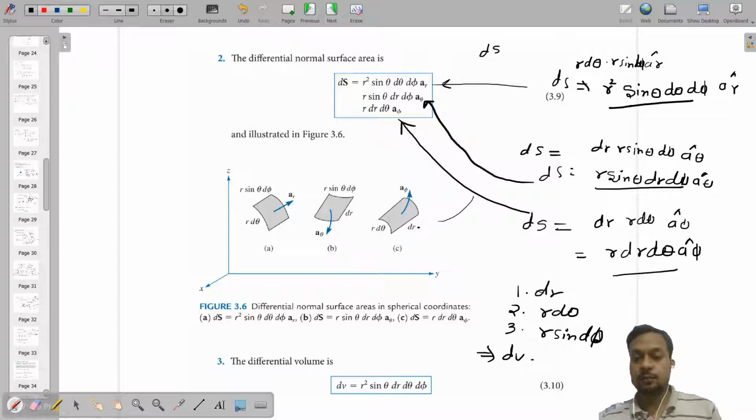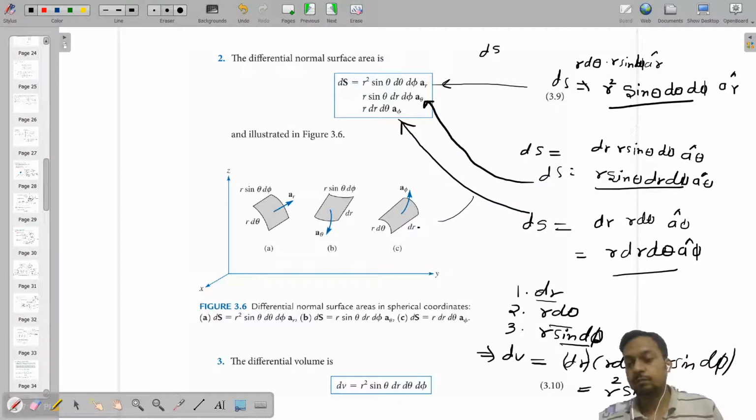So the differential volume in the spherical coordinate system can be written as the product of these three differential lengths, one linear and two curvilinear. So dr, r d theta, and r sin theta d phi, which can be rewritten as r square sin theta dr d theta d phi.